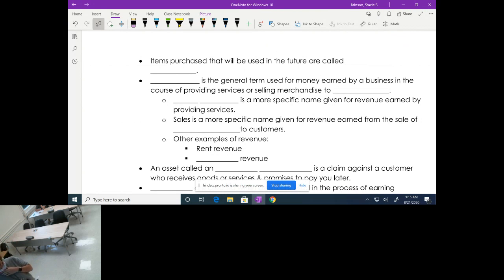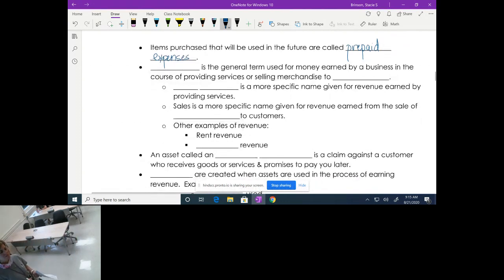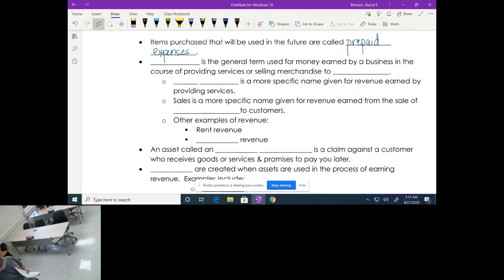All right. I'm going through these terms and these blanks because these are really important. I want to make sure you got the right answers. Items purchased that will be used in the future are called prepaid expenses. The term prepaid expenses is a descriptive sort of category. You're not necessarily going to make a journal entry and put something in prepaid expenses.